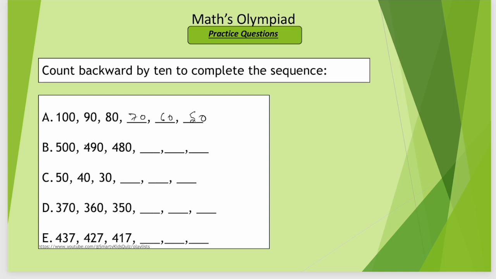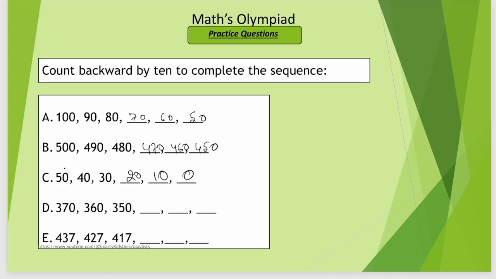What is changing? 10, 10, 10. 500, 490, 480. Then you write 470, 460, 450. Here 50, 40, 30, you write 20, you write 10. Interesting, 0. Right? Because it is minus 10 each time: 50, 40, 30, 20, 10, 0.